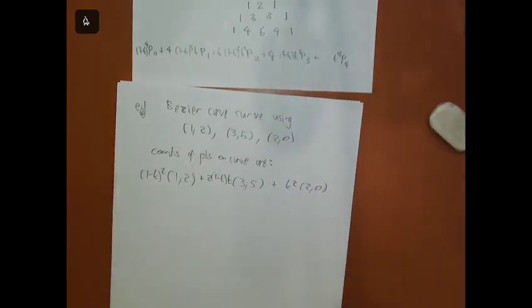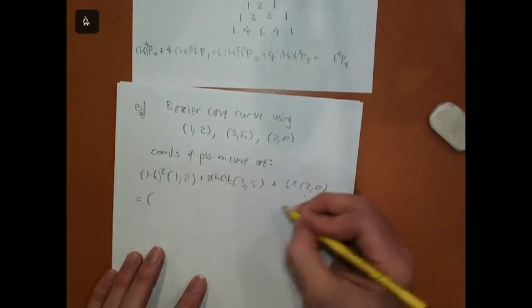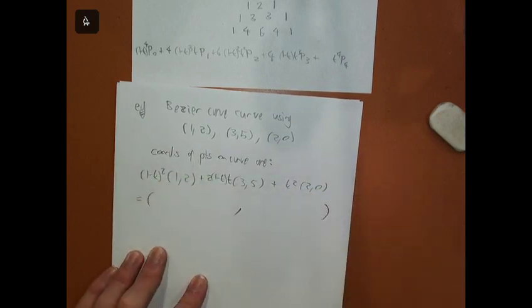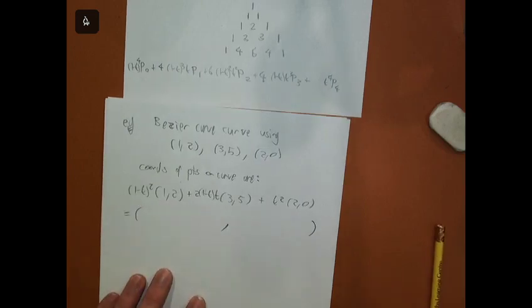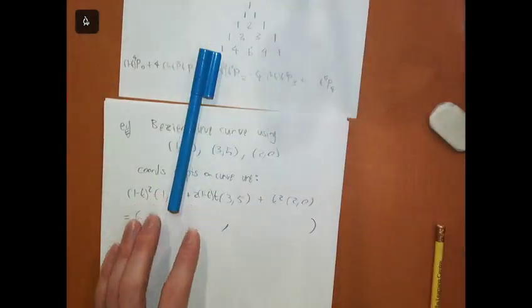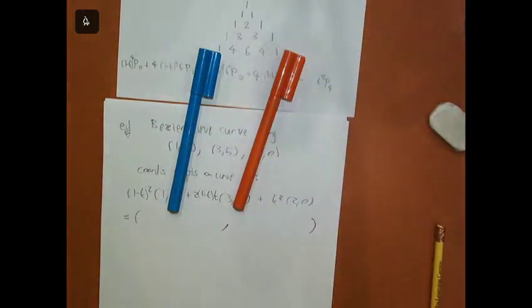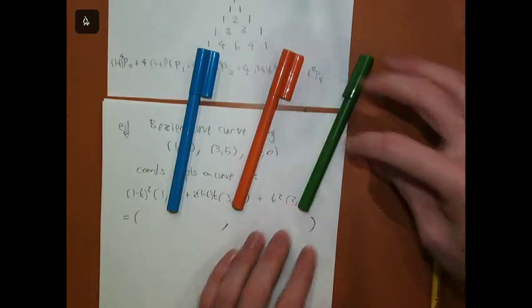And then if I wanted to, I could turn that into individual coordinates, which is what the person marking your exam is probably expecting. So just looking at the x coordinates, I'll cover up the y's with my texters so that I can see more easily.